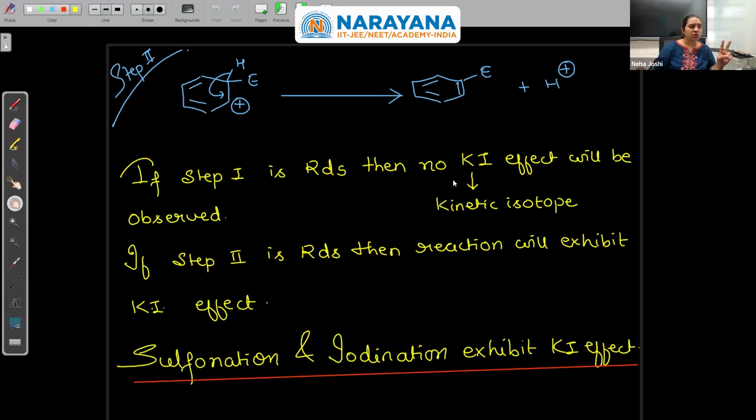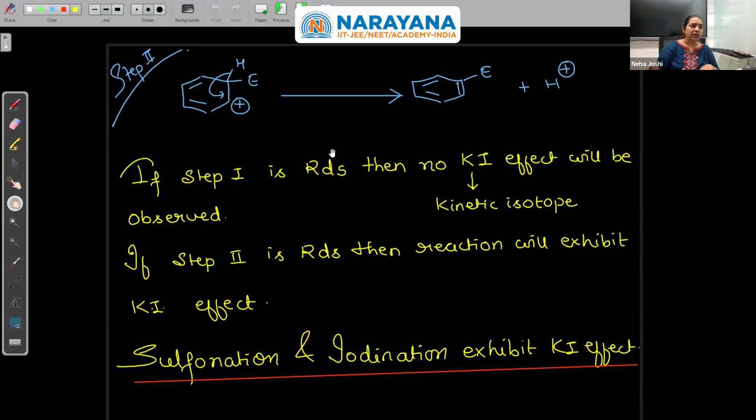What are our two choices? Either I can lose H plus or I can lose E plus. So yes, if E plus is a reasonably stable leaving group, we can have loss of E plus also. Okay, but currently I'm showing loss of H plus and you have a substituted benzene formed.